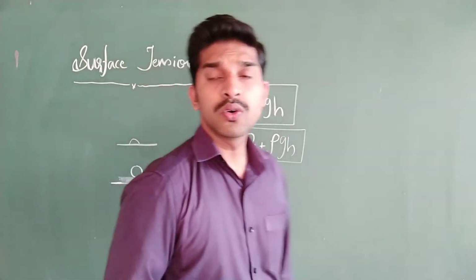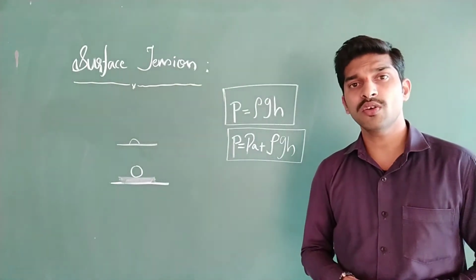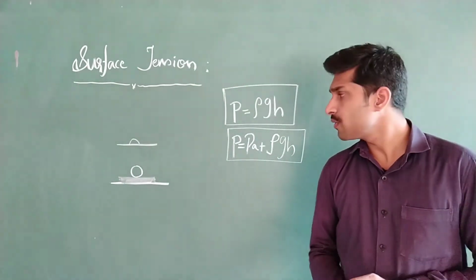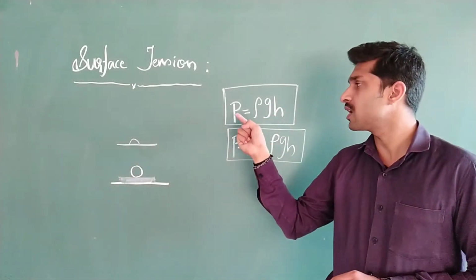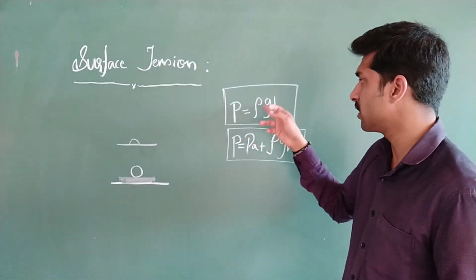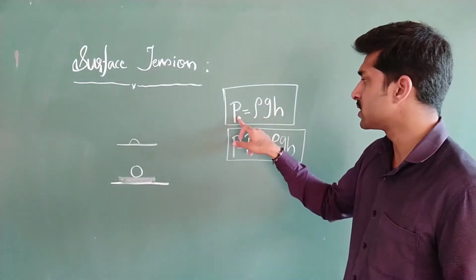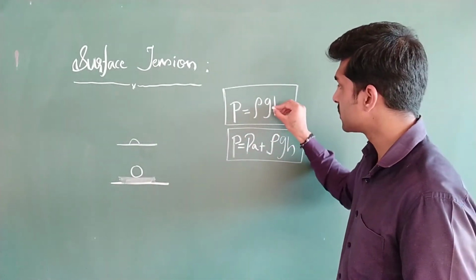Clear? So the pressure, or the behavior of the liquid, no doubt will depend on acceleration due to gravity. That means for a liquid, if we calculate pressure, P is equal to rho g h. So pressure depends on acceleration due to gravity, which is g.